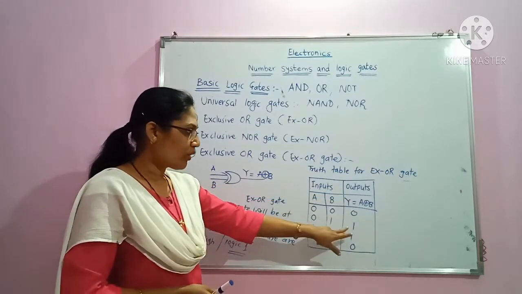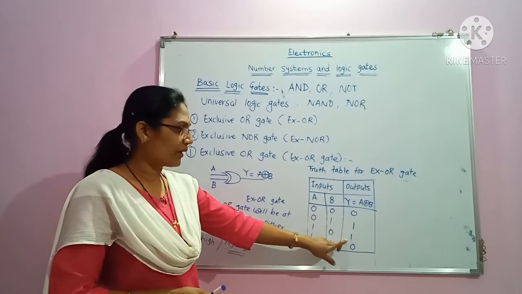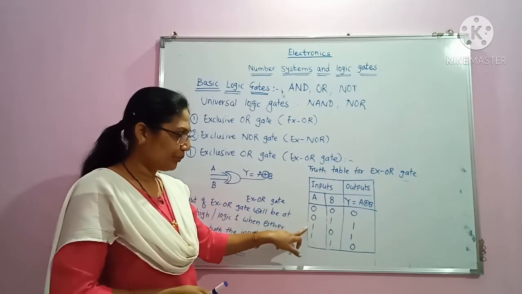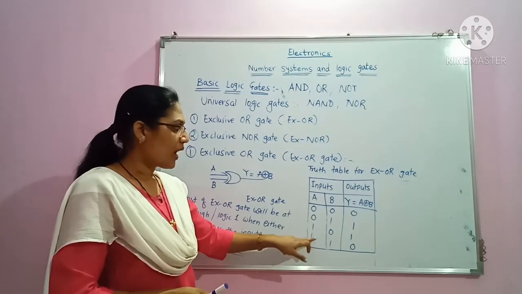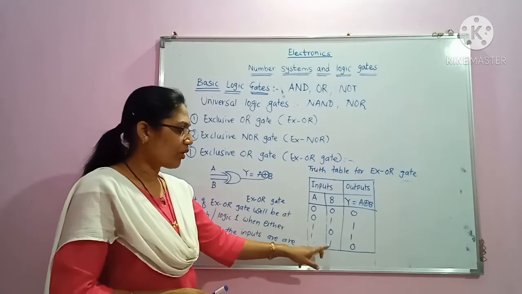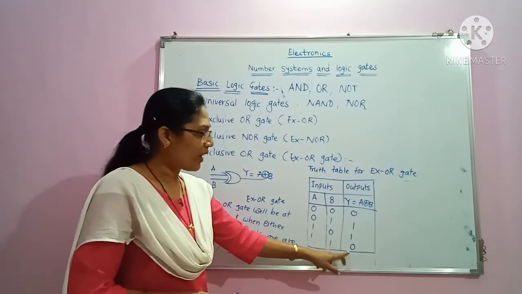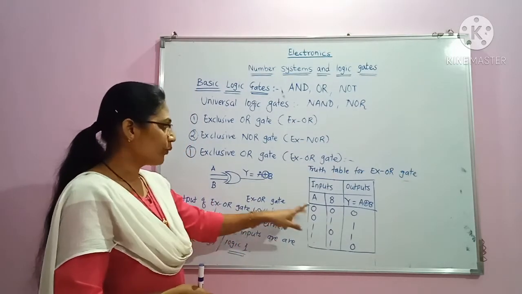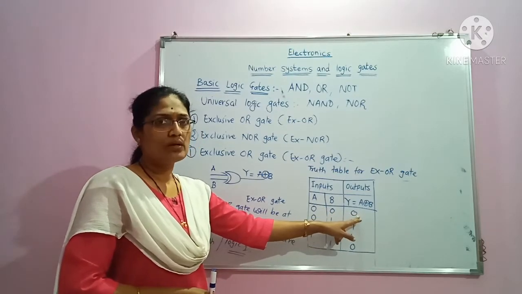So the output of the XOR gate will be at logic 1 or high when either of the inputs, but not both, is high. If both of the inputs are at logic 1, then output is going to be 0. And if both the inputs are logic 0, then output is also going to be 0.